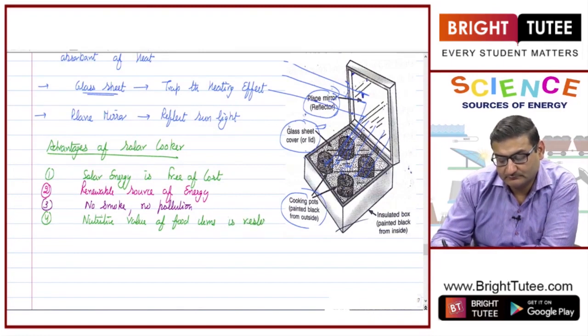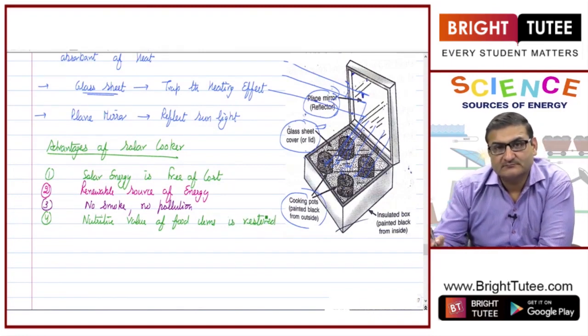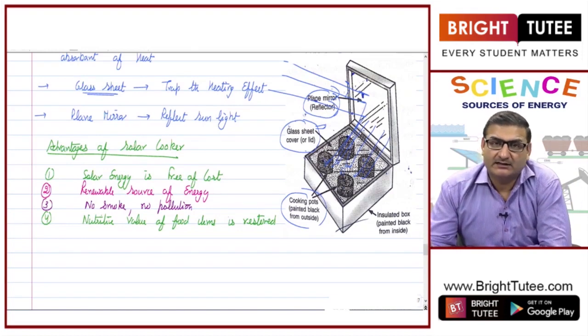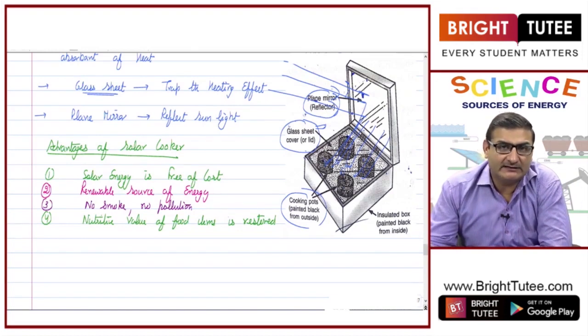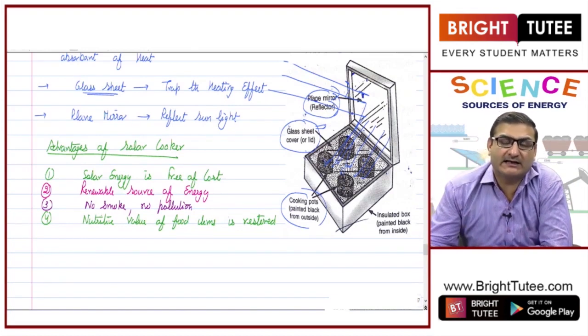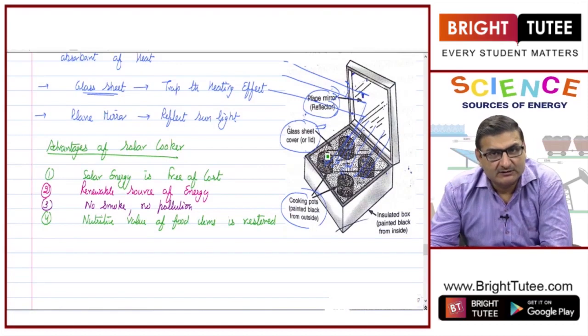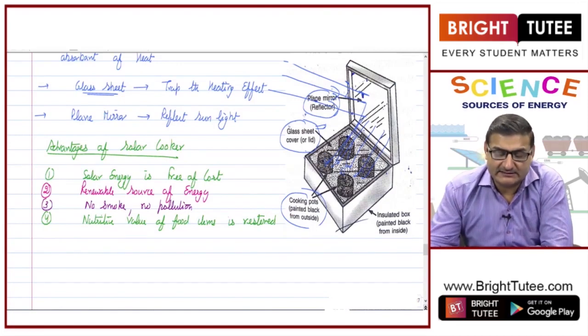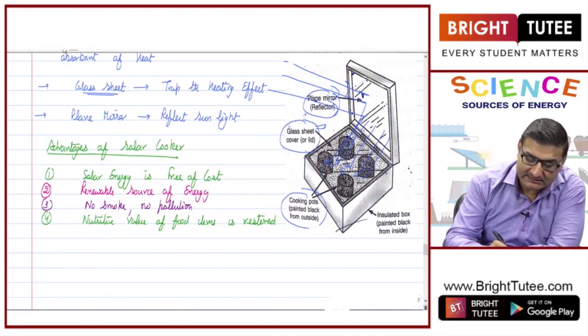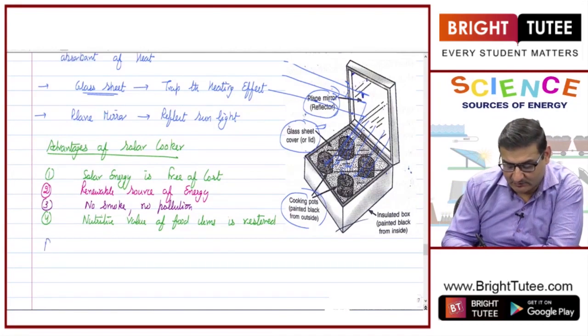So these are, to name a few, the advantages of using solar energy. Another thing, we can cook more than one food item at one time. Fine. So, these are the various advantages, but there are certain disadvantages also, the limitations.